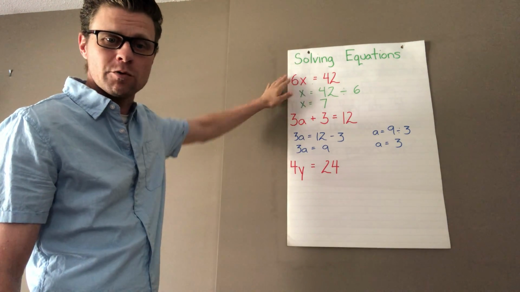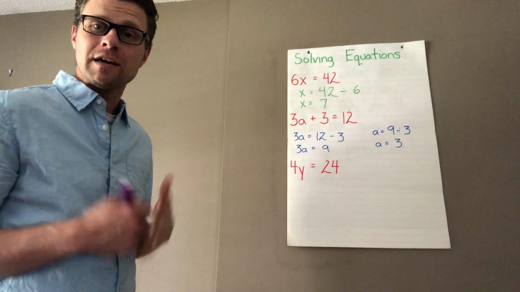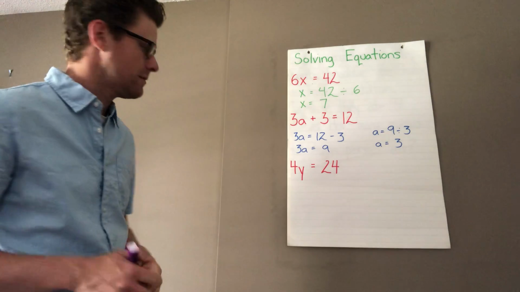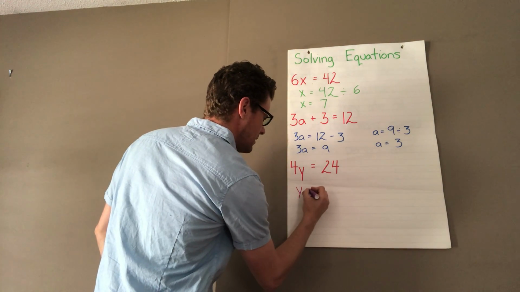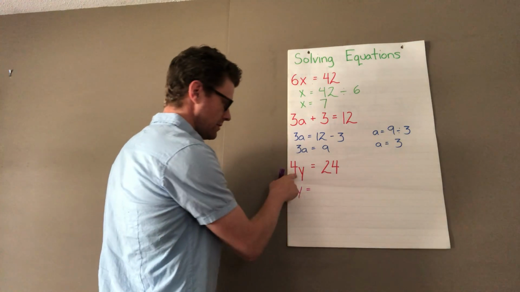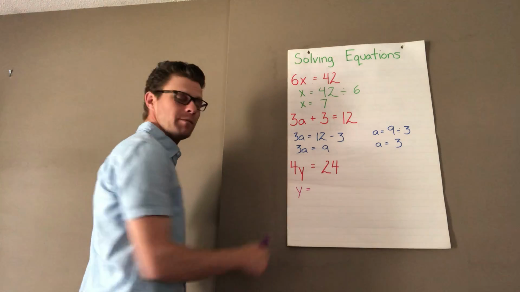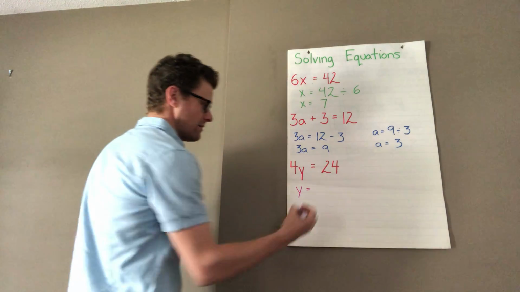Okay? So we have 4y equals 24. We want to put y on its own because we need the value of 1y.